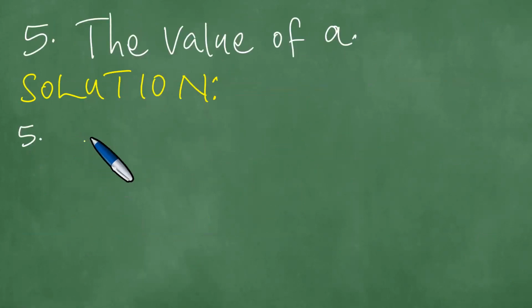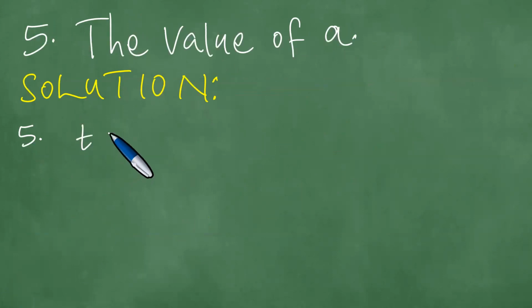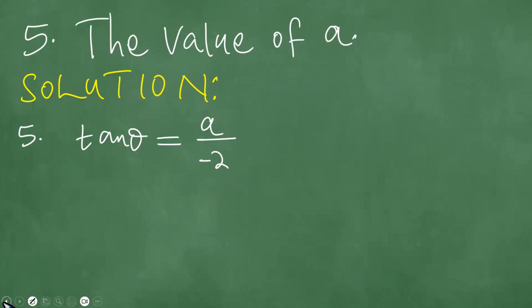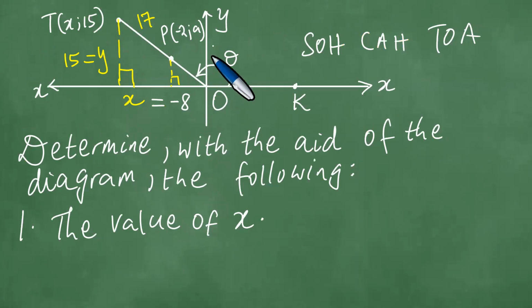So effectively, what we're saying is, if you have the tangent of theta, which, if you look at that point, is y over x, which is A over minus 2.